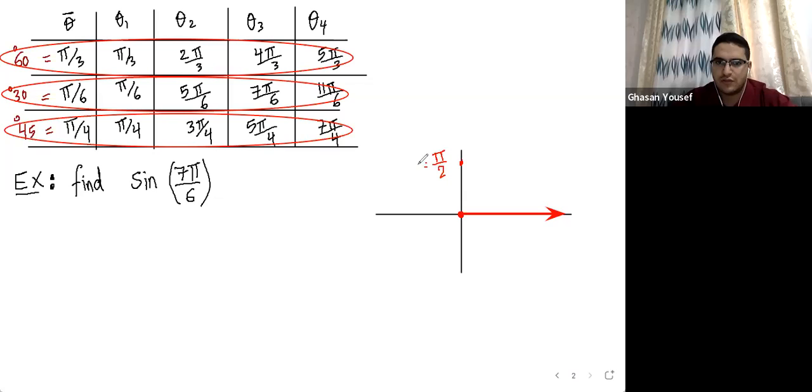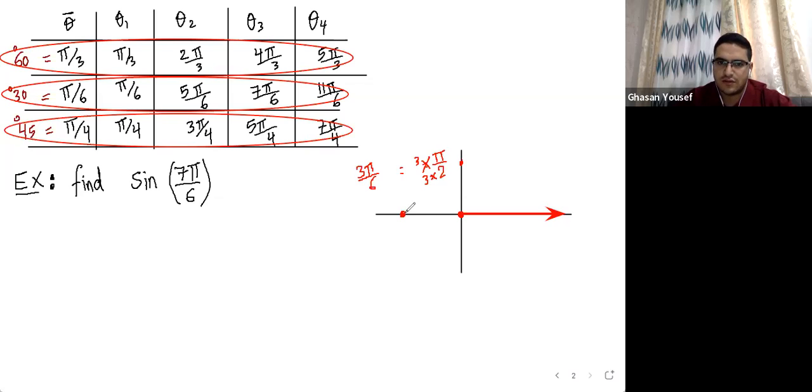And pi over 2, if you want to convert it to something over 6, you have to multiply the numerator and the denominator by 3. You will get 3 pi over 6. And 7 pi over 6 is greater than 3 pi over 6. So the angle must be greater than this.